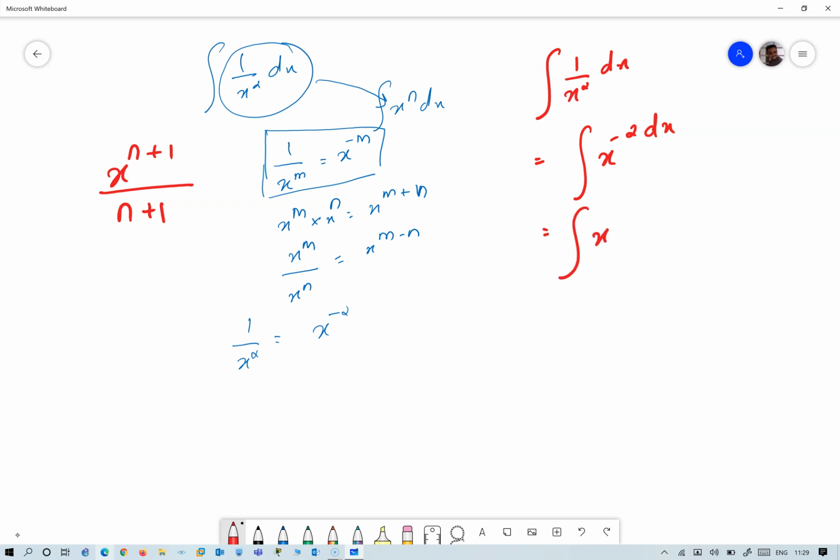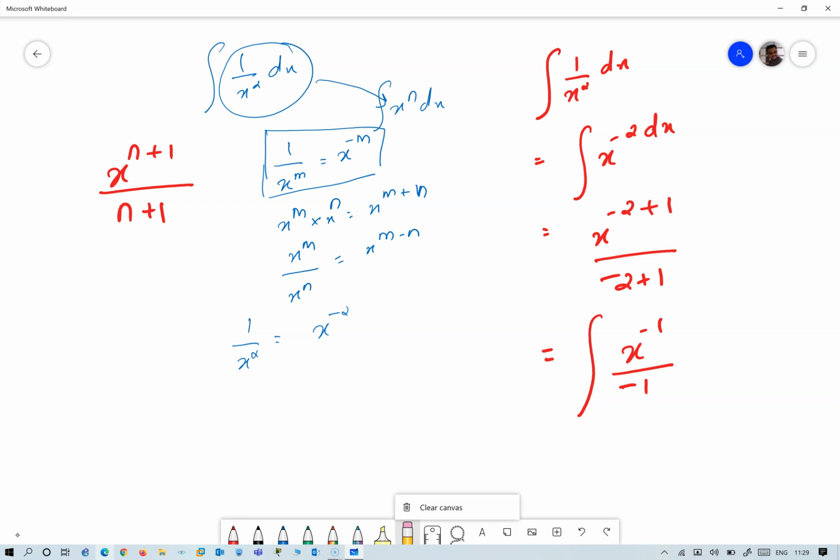So this is x to the power minus 2 plus 1 over minus 2 plus 1. This is x to the power minus 1 over minus 1. Sorry, just a correction. You don't have to write the integral. As soon as you apply integration, you don't have to write these integral signs.